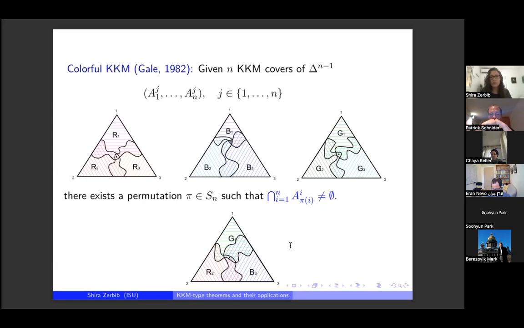Okay, so in this picture, for example, I have the green set corresponding to vertex 1, the red set corresponding to vertex 2, and the blue set corresponding to vertex 3 that intersect. And Gale promises us that this always happens. Okay, questions so far?